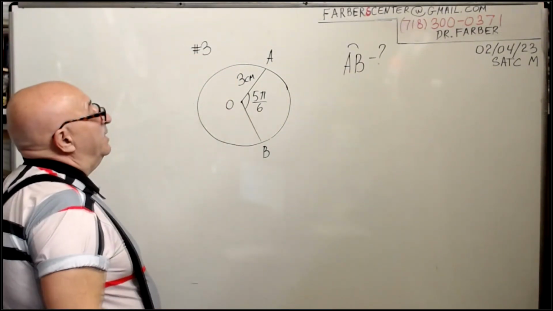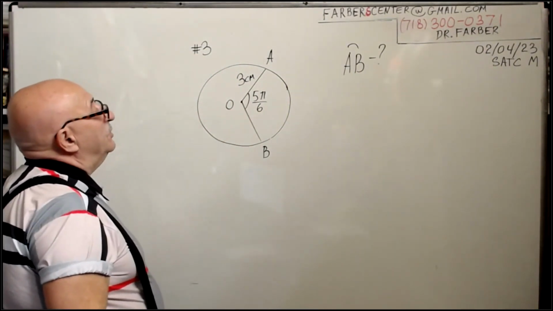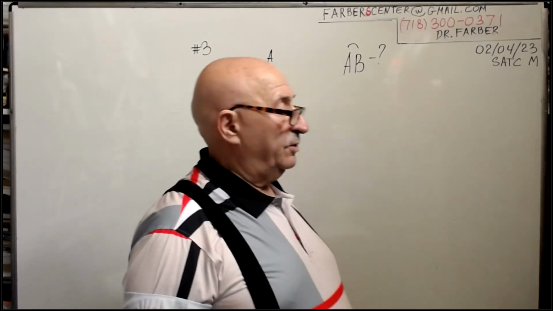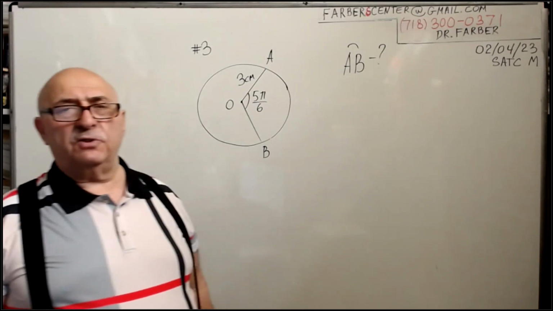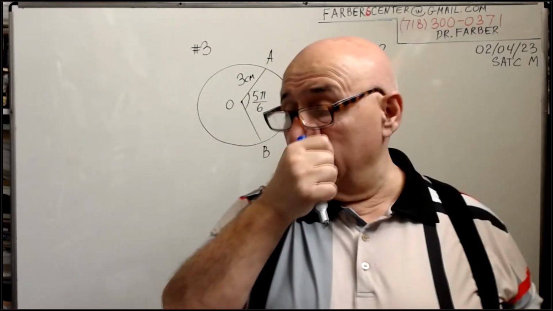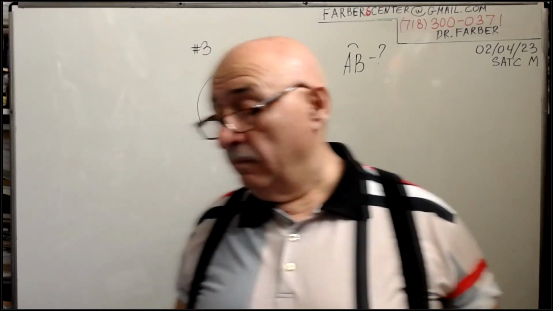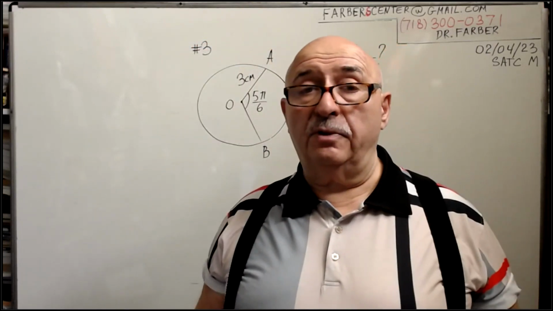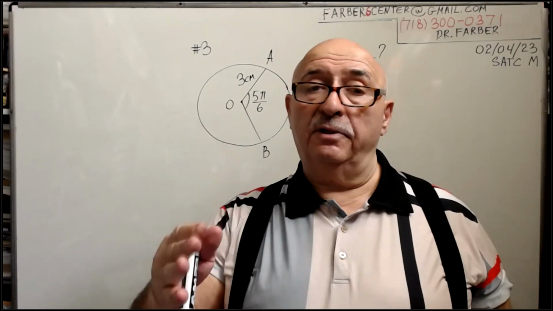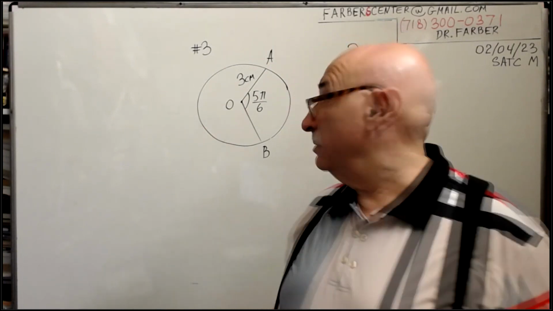Well, the best way, as I told you, the most natural way to operate is not degrees. Degrees are very artificial. They were created by the ancient Babylonians about 7,000 years ago. Radians are more natural because they are not related to arbitrarily splitting the circle into 360 degrees.